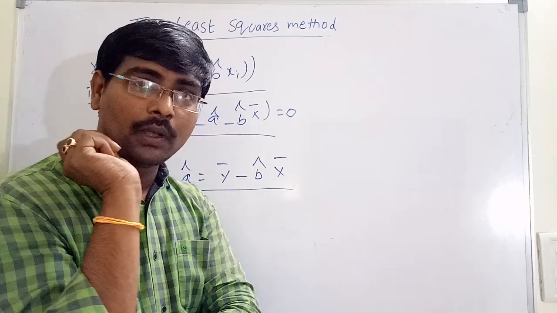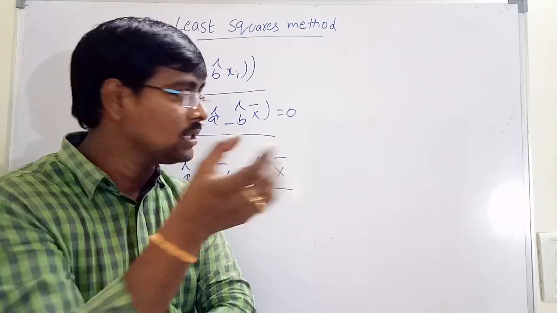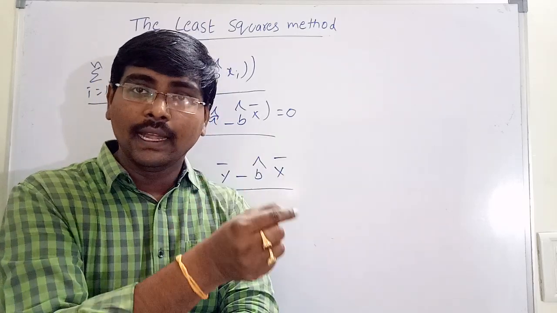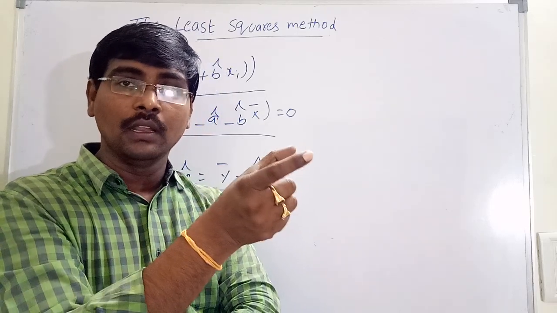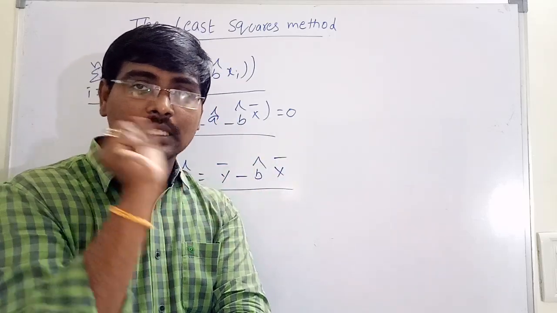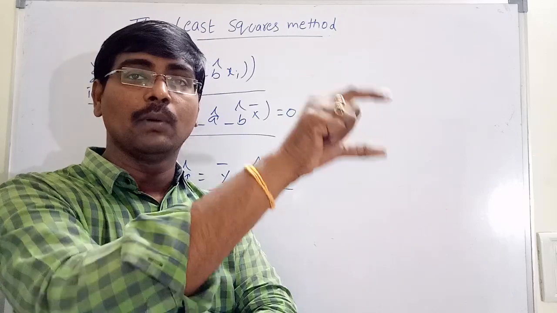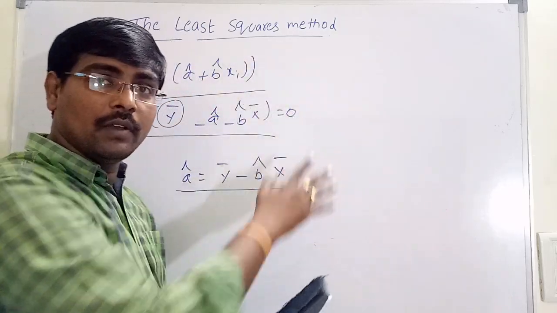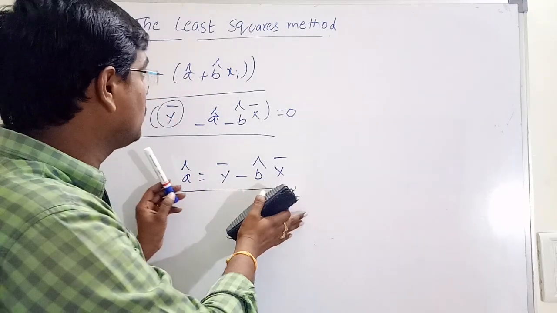The only point to remember is that the regression coefficient b cap is the ratio of the covariance between x and y to the variance of x, or the covariance between w and h by the variance of h.